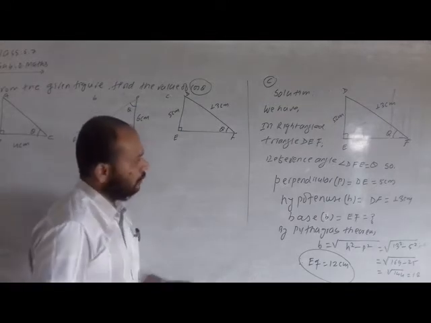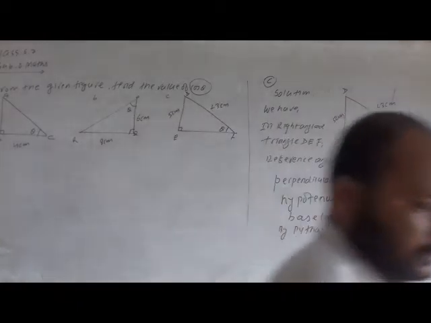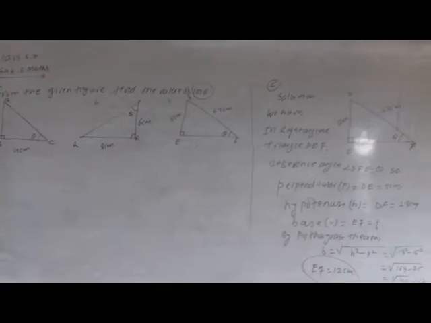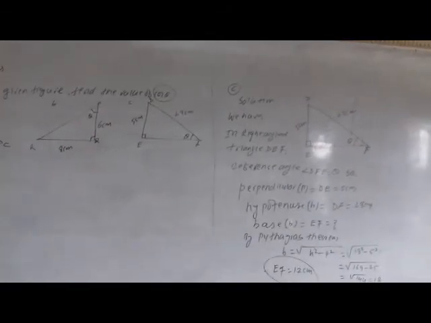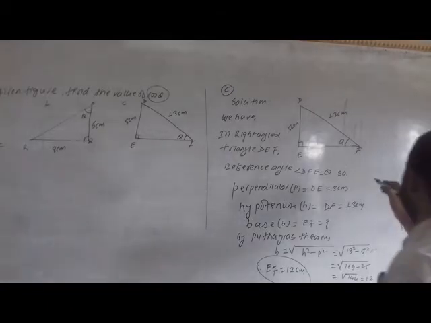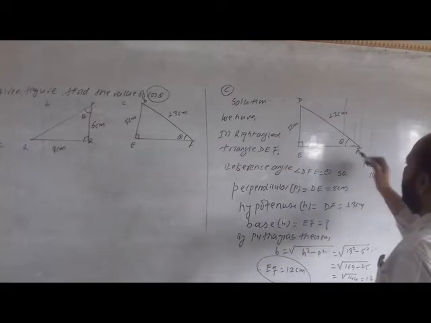When we find EF, after finding EF, now we have cos theta. What is the value of cos theta?